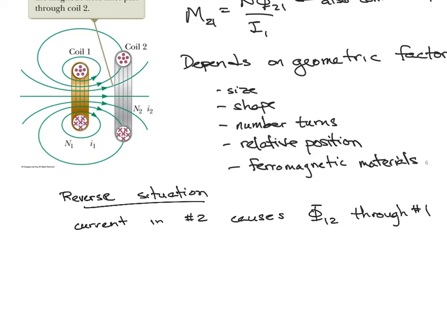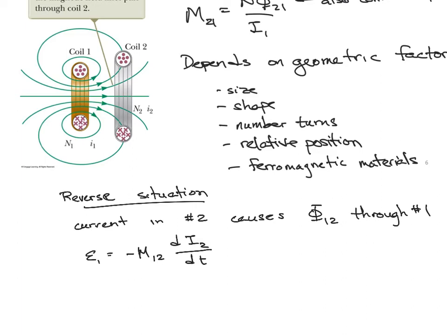Right, that's an easy enough thing to picture. So a current in coil number 2 causes this flux through number 1. If we do that same situation, we would get this same relationship that looks very much like the one I've written above for coil number 2.